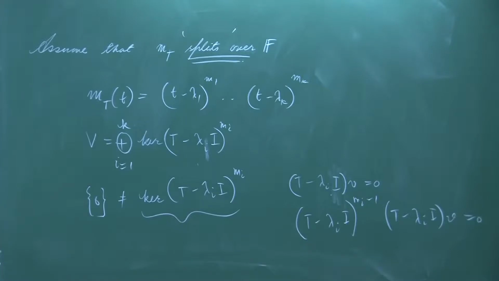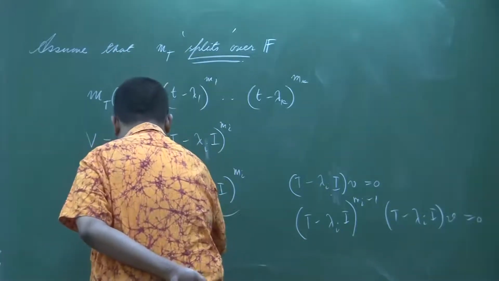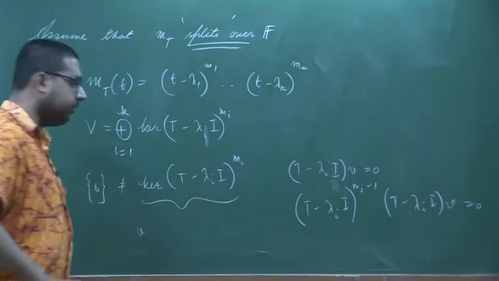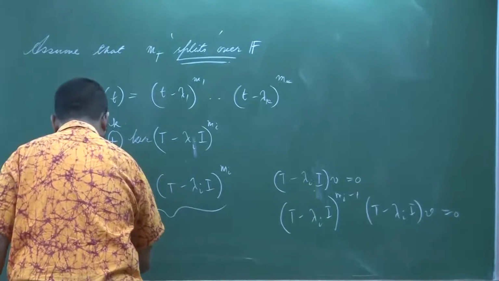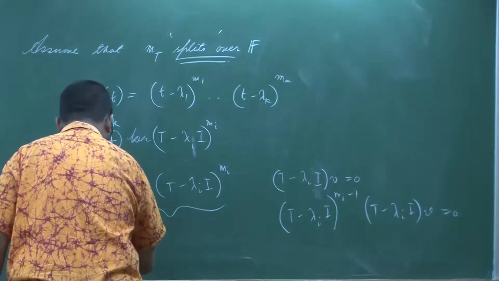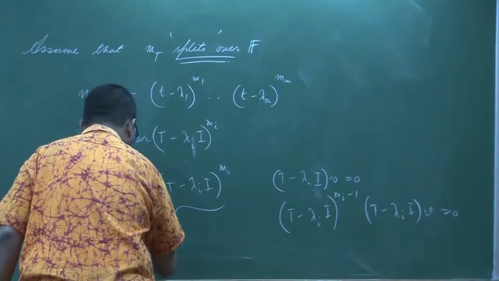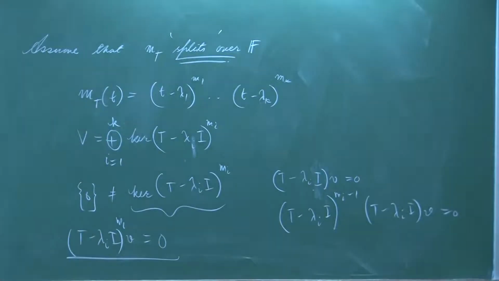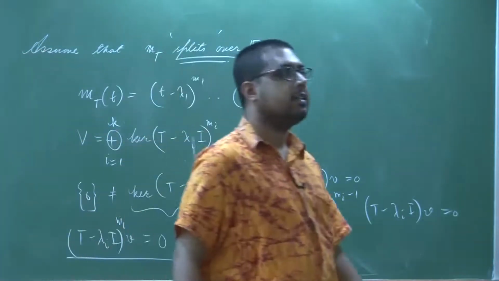Okay. Now, the more important thing is, let us observe that if I have a vector v here, then according to its definition, (T minus lambda_i I) to the power m_i applied to any vector, irrespective of zero or non-zero, becomes 0.